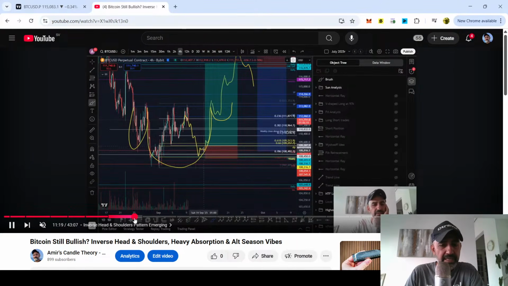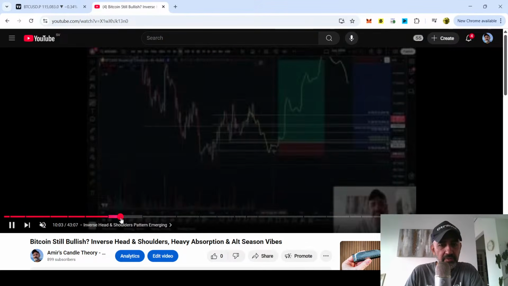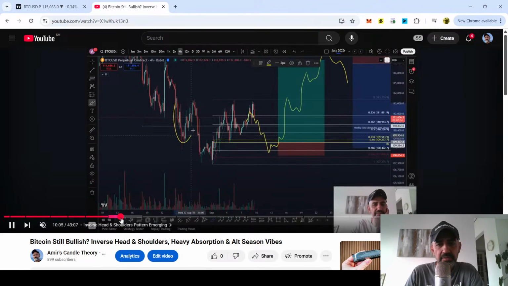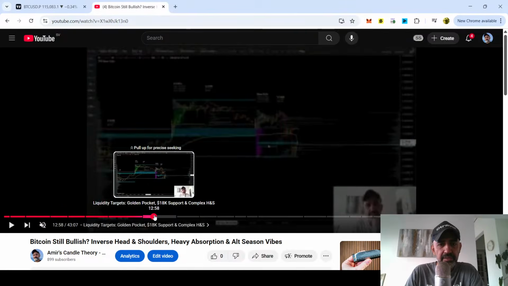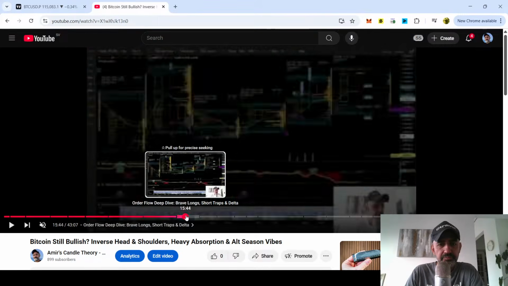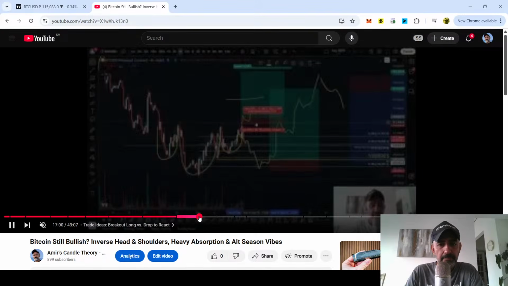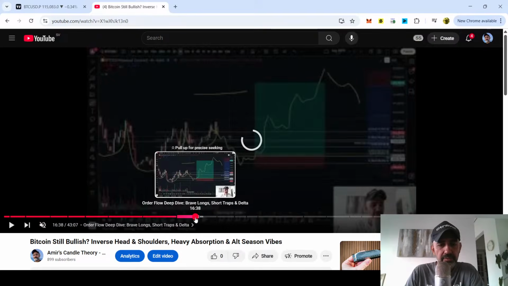So here, you can see I was talking about this. Here you go, let me look. See that? So I was kind of making this inverse head and shoulders idea. I was thinking maybe if it broke down, then you can have a more complicated inverse head and shoulders pattern. And then this is where I was joking.